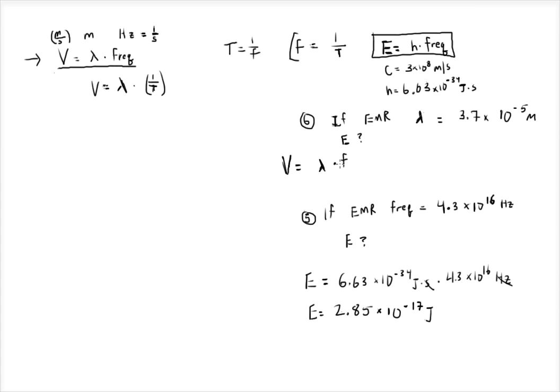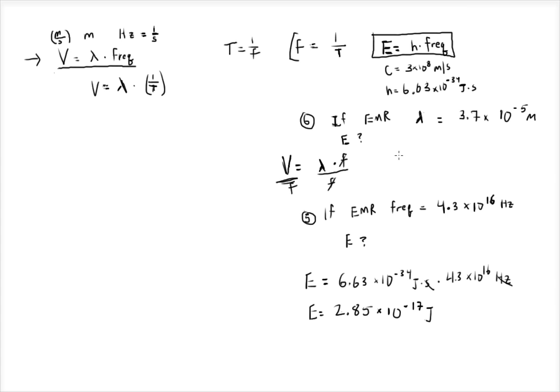So if we're looking for frequency, you can divide both sides by wavelength. Boom, boom. You get frequency as velocity over wavelength. The nice thing about light, or electromagnetic radiation, is that it all travels at the same speed in a vacuum, which is c, the speed of light, which is up here. So this becomes velocity divided by wavelength.